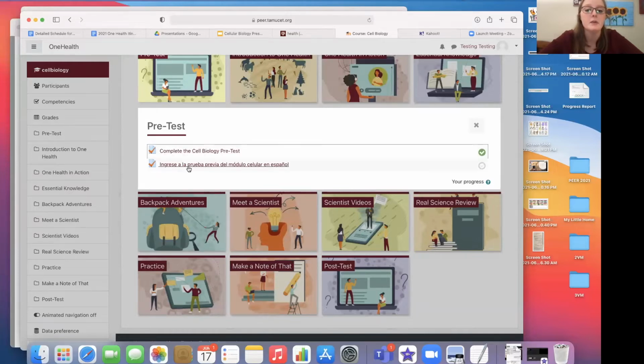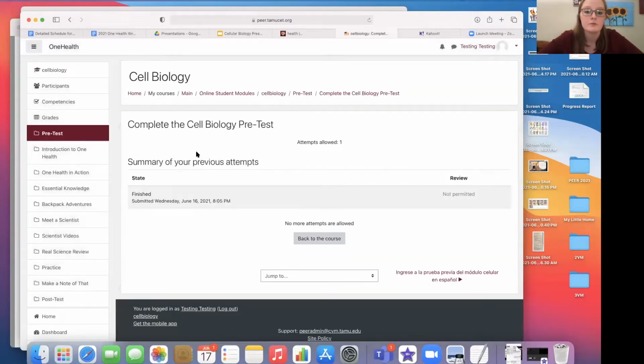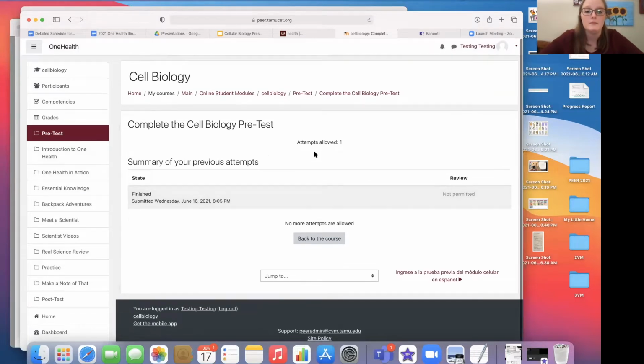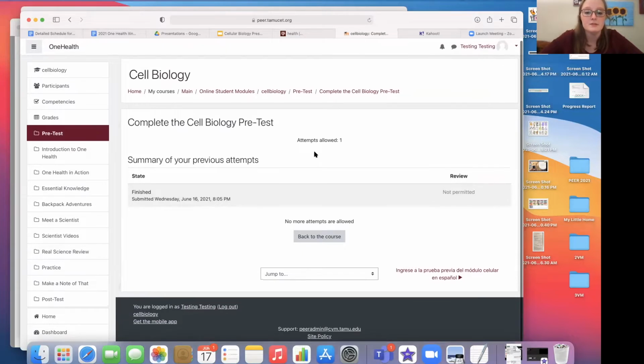If you prefer it in Spanish, that's also totally okay. Now it shows that I've already finished it, as it should for everybody else. It says summary of previous attempts. I've already done mine, so I can't click in it. But what I'd like you to do is go ahead and reattempt it if you're allowed. If you're not allowed to, then please let me know. I really hope it will let you.